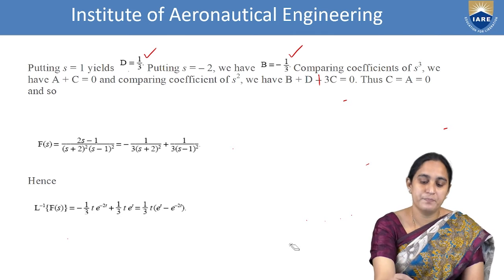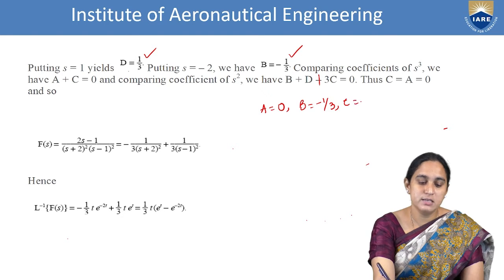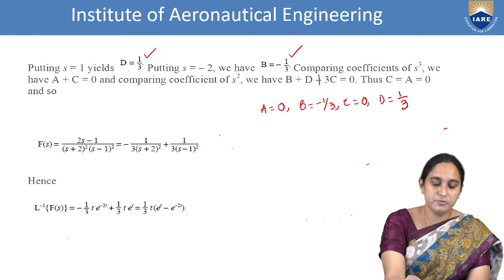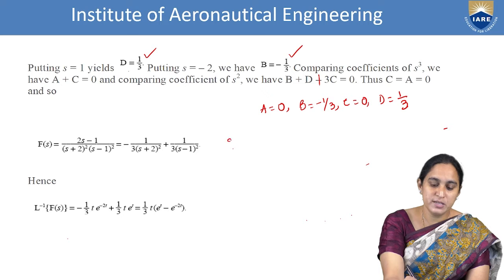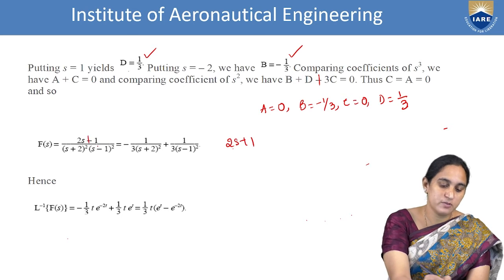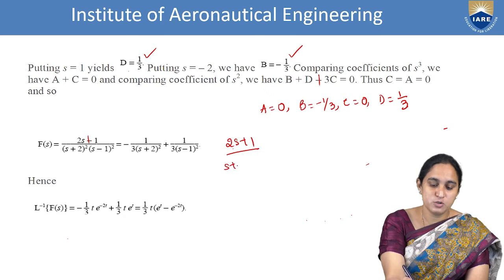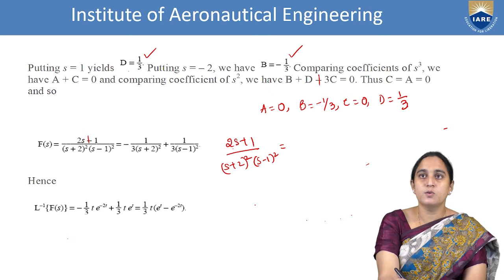Therefore, here A is equal to 0, B is equal to minus 1 by 3, C is 0, and D is equal to 1 by 3. Therefore, the given question 2s plus 1 by s plus 2 whole square into s minus 1 whole square is equal to what?